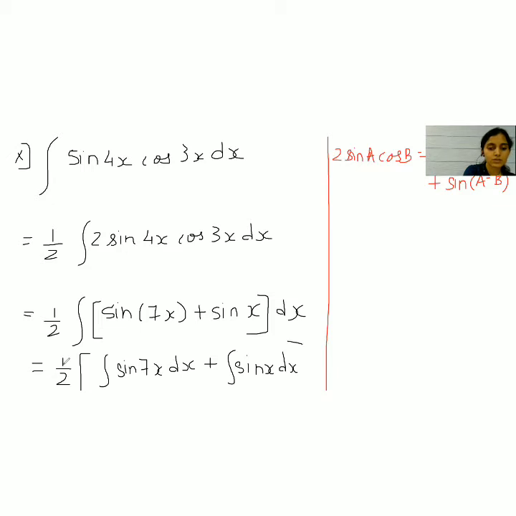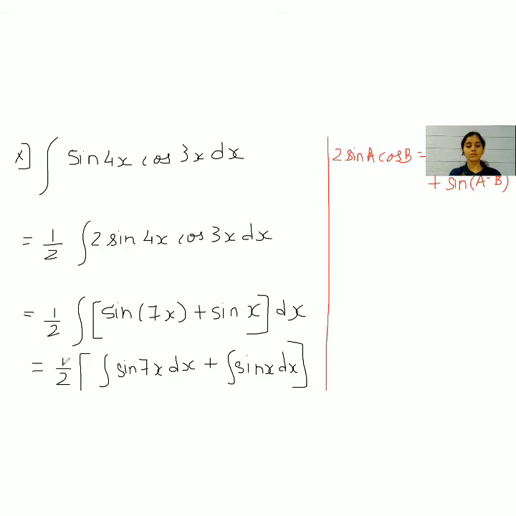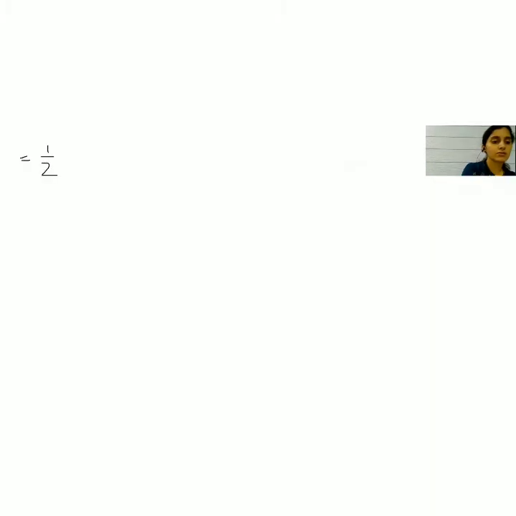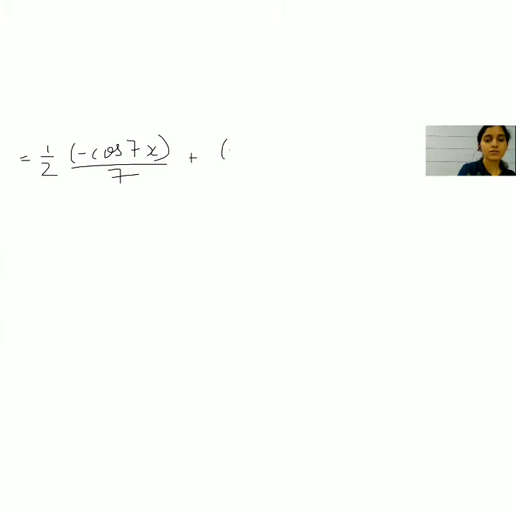Now how do we take the integration here? It will be half outside. The integration of sine 7x is minus cos 7x divided by 7, so we divide by the coefficient. Then we have plus, what is sine's integral? It is minus cos x.